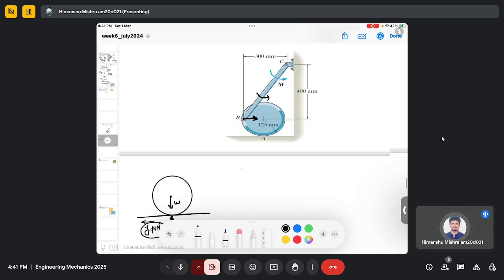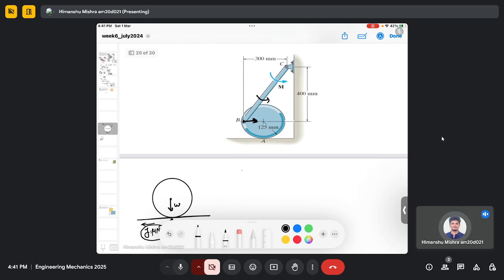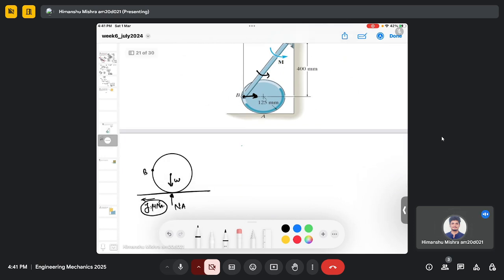And since there is a joint at point B, due to this pin joint there will be two reaction forces acting. This is Bx and this is By.